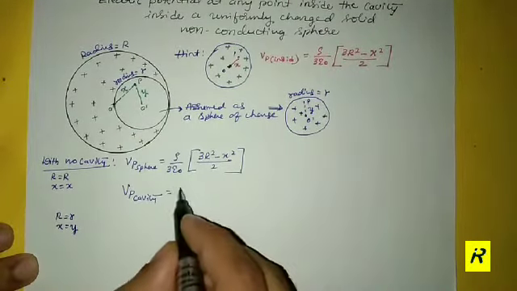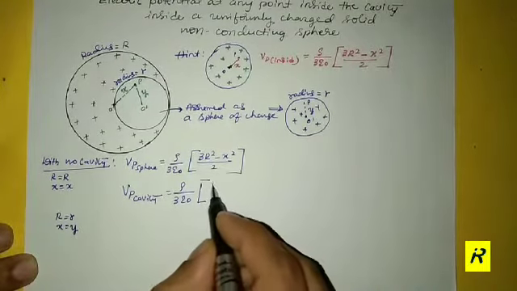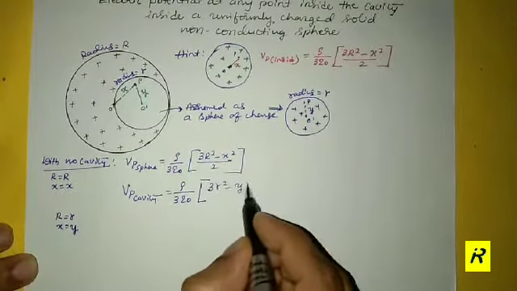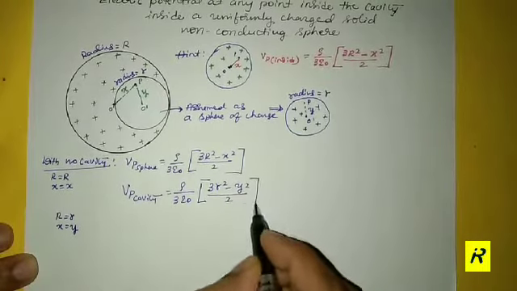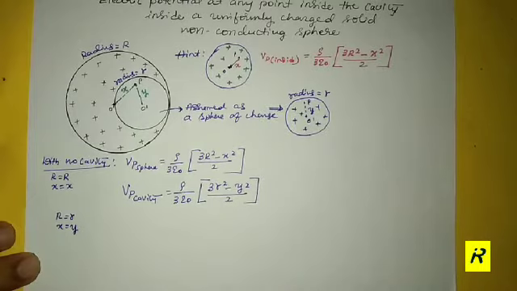Then it is rho divided by 3 epsilon O, and inside it is 3r square minus y square divided by 2. So this is the situation we got now.